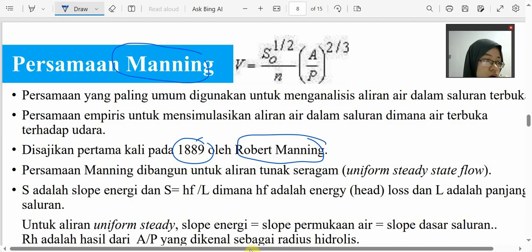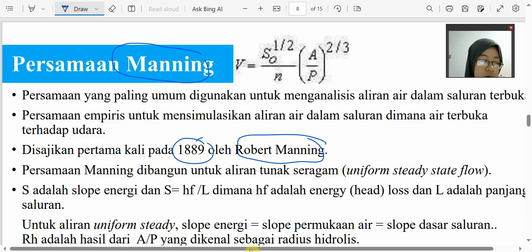That is considered the roughness or friction factor of the open channel. This Manning equation is also very popular. We also use these Manning equations until today.